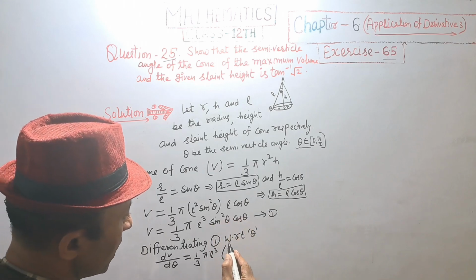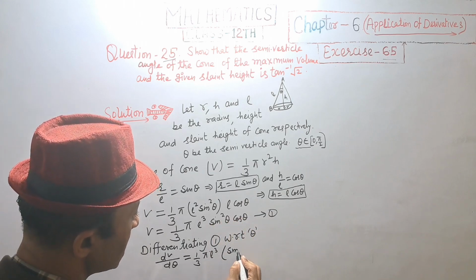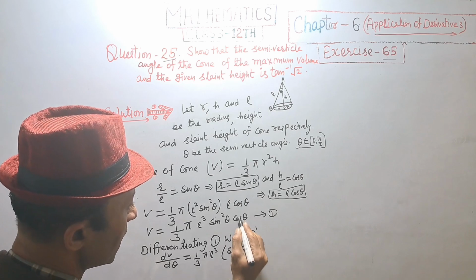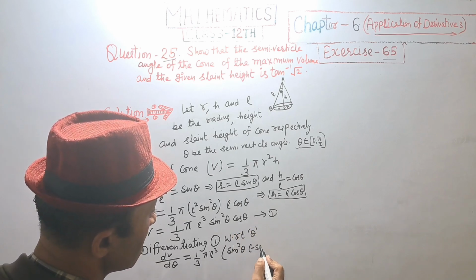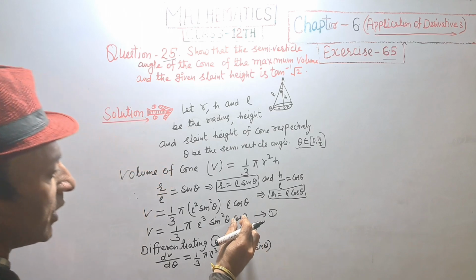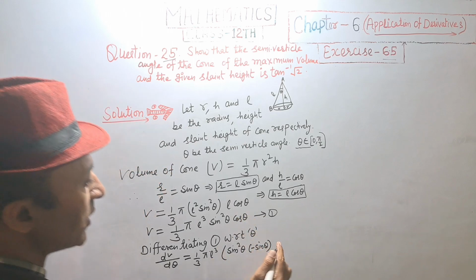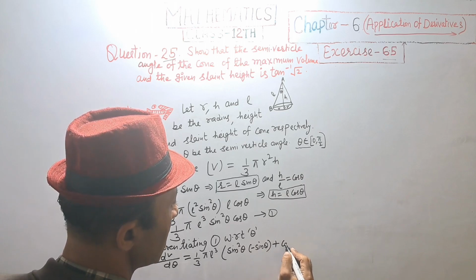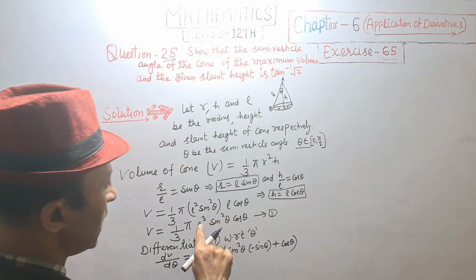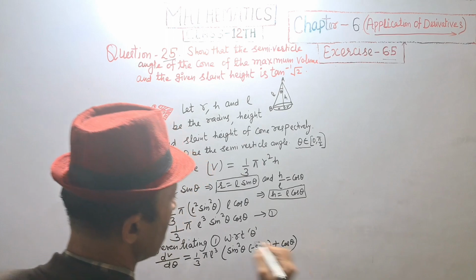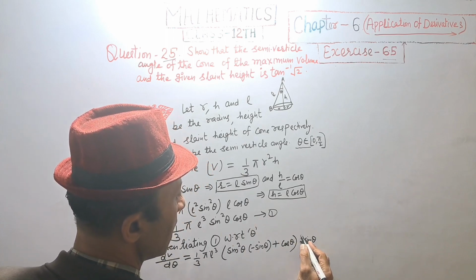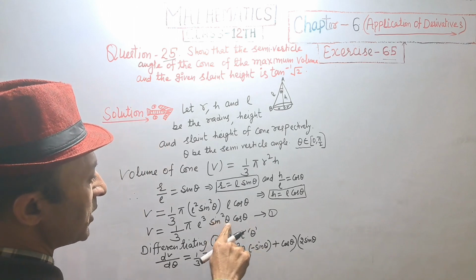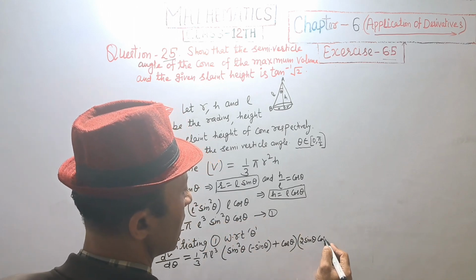First function, second function: sin square theta as it is, derivative of cos theta is minus sin theta, plus cos theta as it is, and derivative of sin square theta is 2 sin theta, and differentiation of sin theta is cos theta.